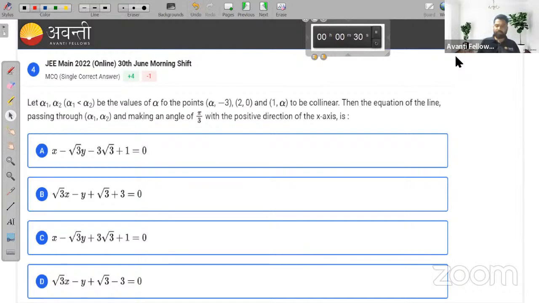It's a very simple question. It is a question from 2022 30th June morning shift. You can solve it easily.